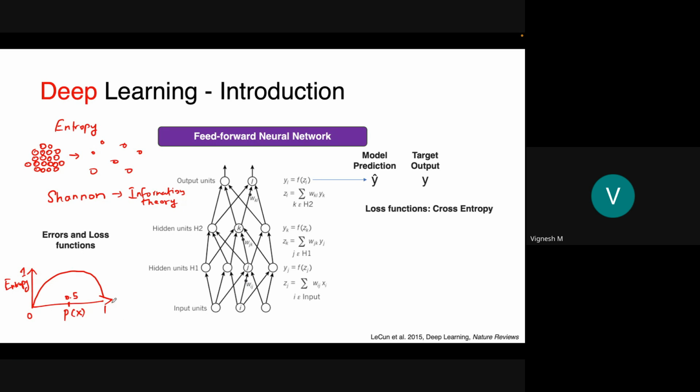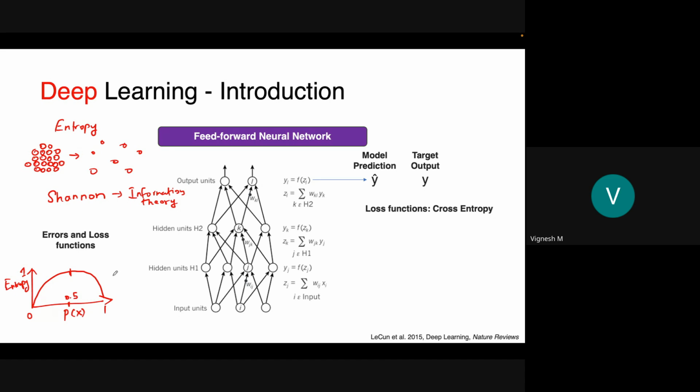That is, when an event is extremely certain, that is the probability of it occurring is either 0 or 1, then the entropy is low because you are highly able to predict what is going to happen, correct? But if the events are highly uncertain, right, then it's at least at chance level, say at 0.5, then you can't make any predictions about which events are going to occur, so the entropy is high. So this is the information theoretic intuition behind entropy.